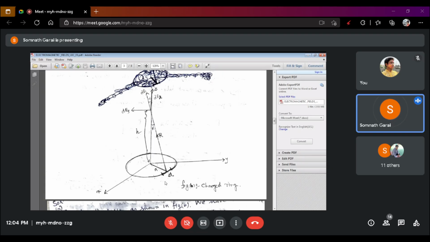So with respect to this ring charge, what amount of electric field intensity occurs at the point E, which is situated at the vector location 0, 0, h.